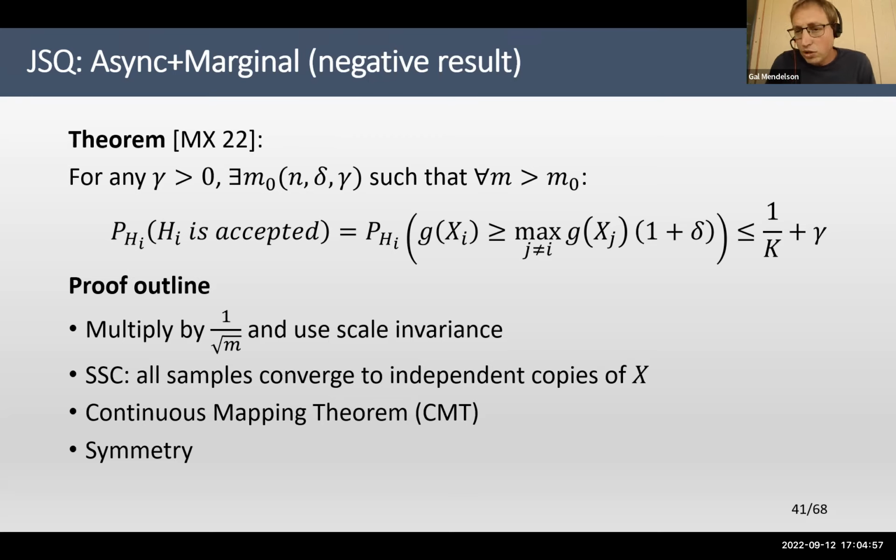In this case, we would use the fact that each of these independently converges in distribution to the same distribution. We're not going to use the fact that they collapse at the same time, because this is asynchronized. And we use the continuous mapping theorem and just a simple symmetry argument to get our result.